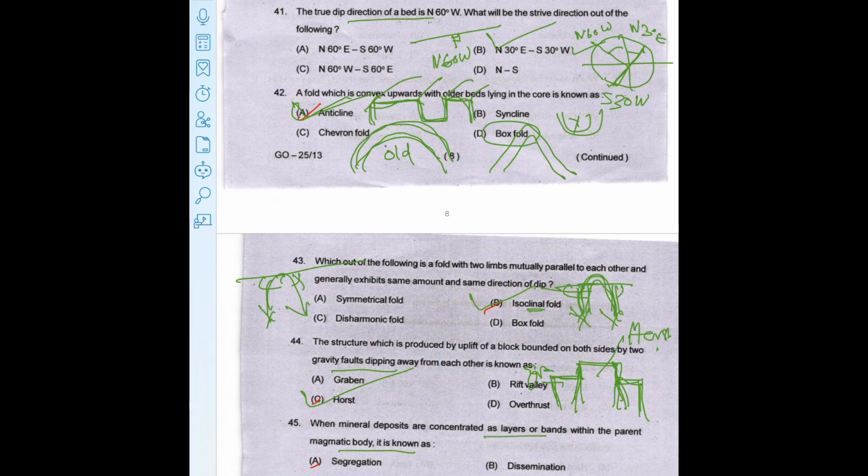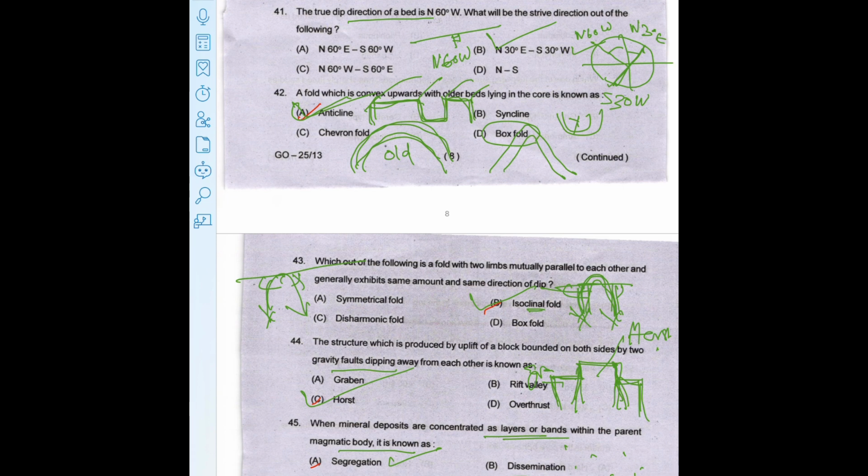As it is layered, banded, there is accumulation of the minerals in magmatic body. It is only possible through segregation. So, segregation is the correct answer. Dissemination means here and there, sporadically the mineral grains are distributed within the magmatic body.